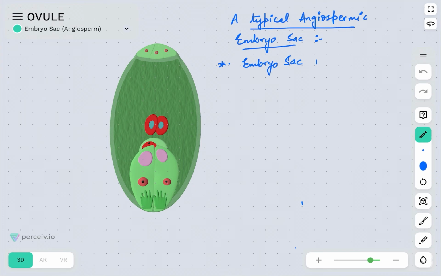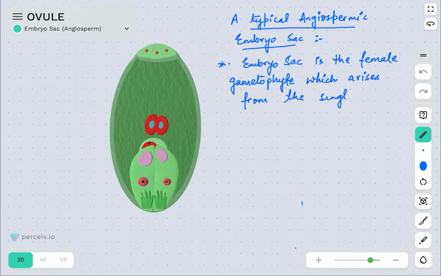This is the female gametophyte that arises from the single functional megaspore. We have already seen in the process of megasporogenesis how the single functional megaspore is responsible for giving rise to the embryo sac. That's why this embryo sac is also known as the female gametophyte.